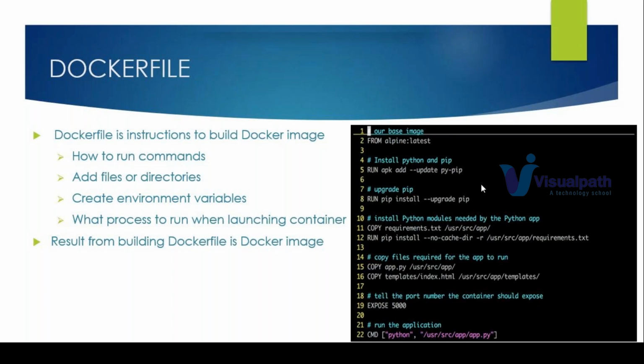Then in lines 15 and 16, whatever is required from the application point of view, those application specific changes we are copying into the target container. And then in line 19, we are exposing the port itself.